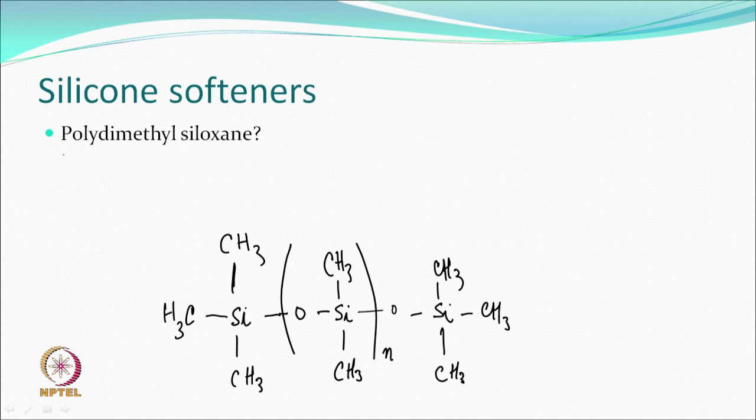This is one of the examples, you remember. You had the silicon group, and this is the dimethyl polysiloxane. Because of these many methyl groups, it would give surface friction reduction. All right, that is what we had seen.